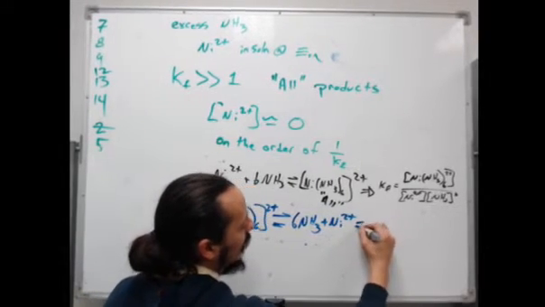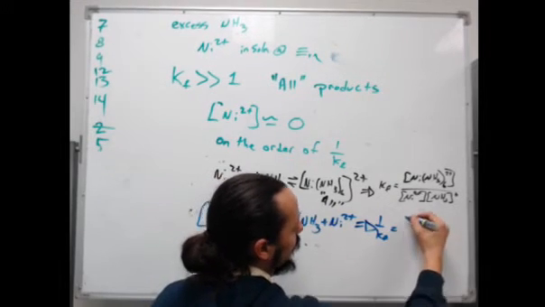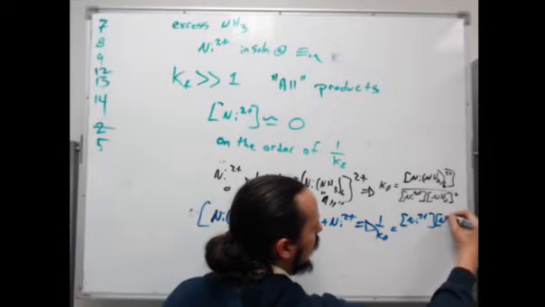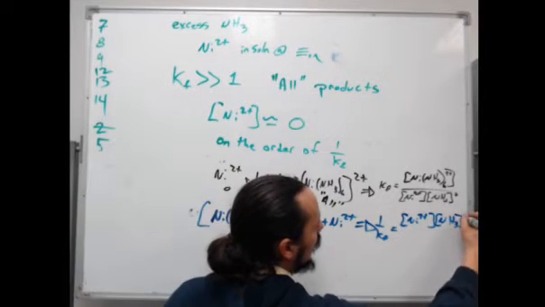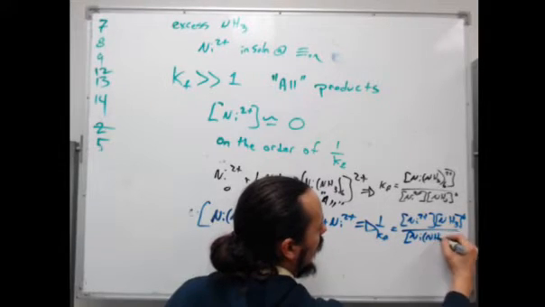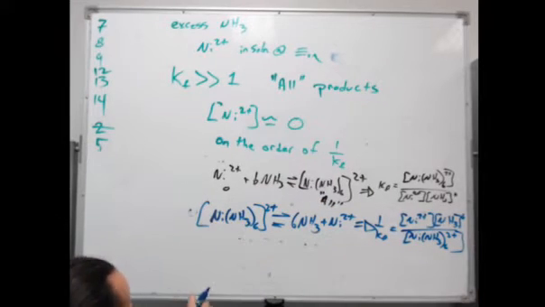I would have my 1 over KF equal to nickel 2+ times NH3 to the 6th over nickel NH3 to the 6th 2+, like that.